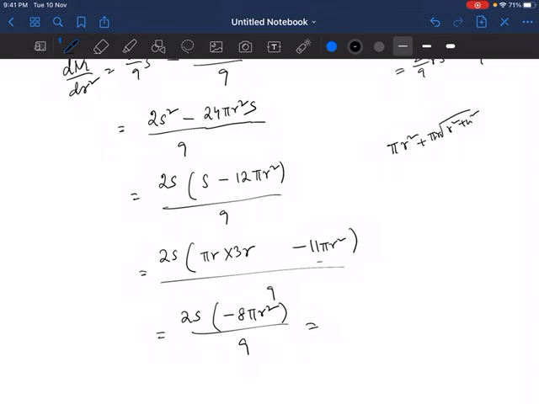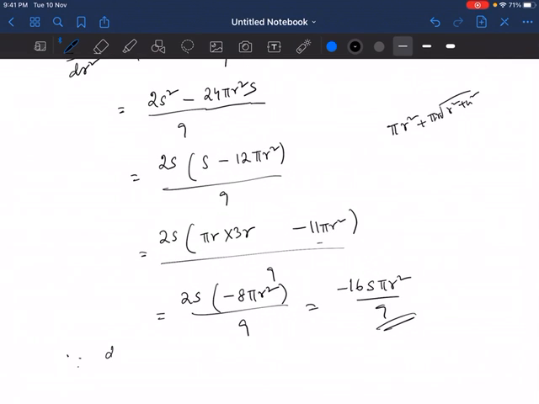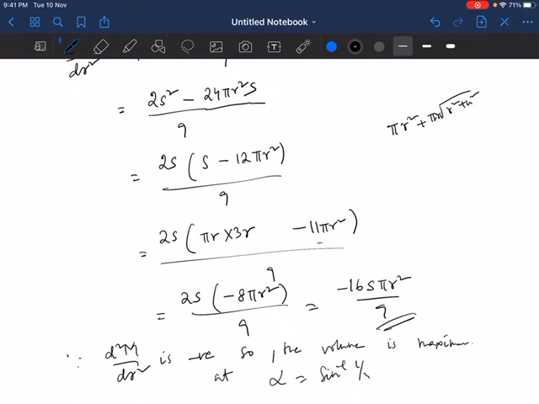So we are having minus 16 s pi r square by 9. So you see, since d2m dr square is negative, the volume is maximum at alpha equal to sine inverse 1 by 3.